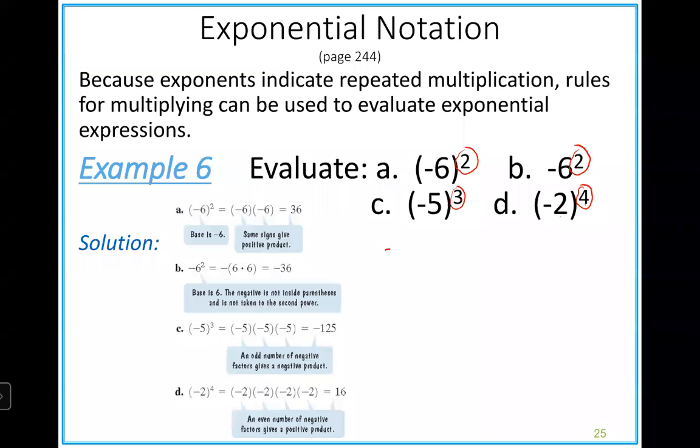Basically, it's saying -6 times -6. That's the first one. I just rewrote it here. So -6 times -6, you're multiplying two negative numbers. And because the signs are the same, the answer is going to end up being a +36.